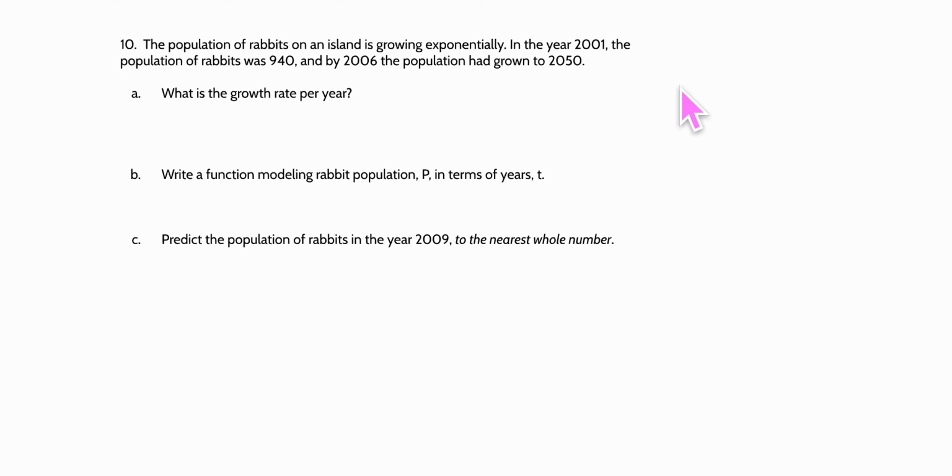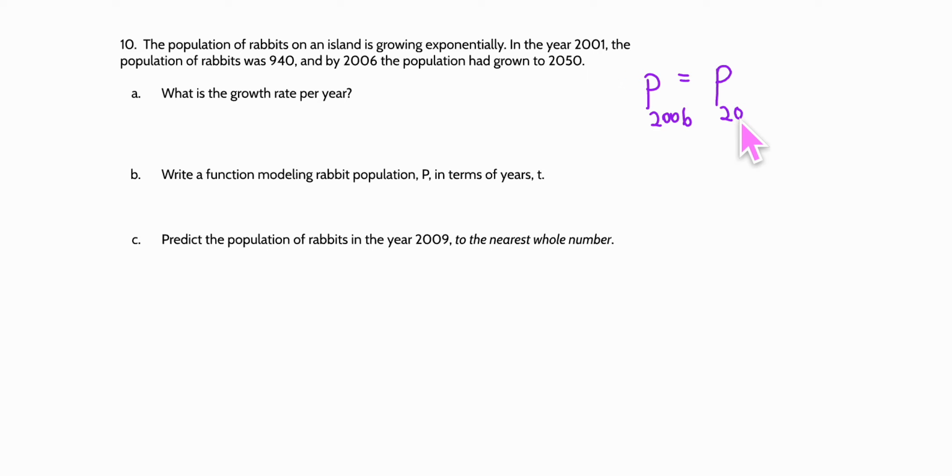We say that the population that we have after a certain amount of time, just like the money that we gain after a certain amount of time, equals, so I'm going to write population, and I'm going to write down the year, very small, right next to P, the population in year 2006, which is the final population, equals, well, it comes from the population that we had at the very beginning.